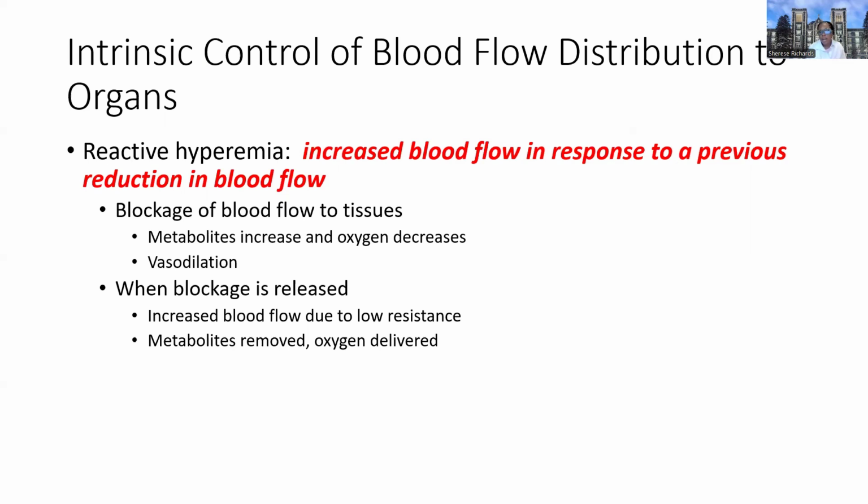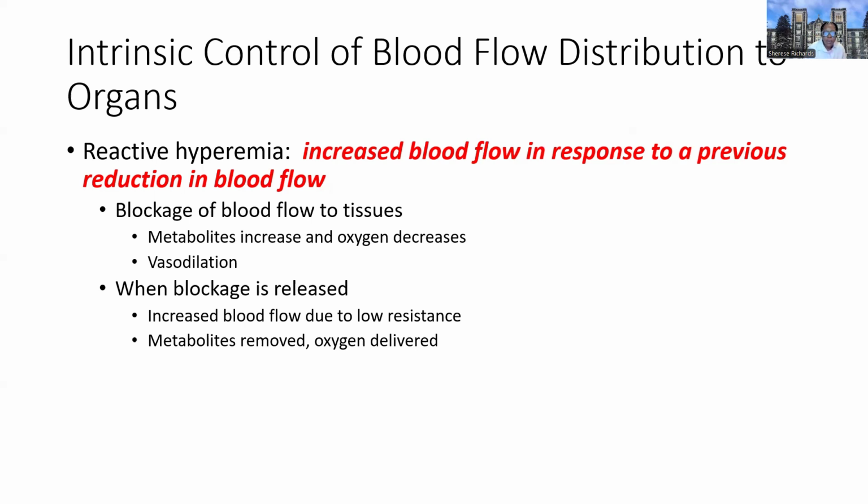You're going to want to correct that. Although the tissue is not demanding more, because there was a previous blockage, maybe an injury, maybe a state of compression of a vessel or a state of restriction of blood flow for some reason or the other, that blockage interrupted flow such that now you have a lack of homeostasis or lack of steady state between the metabolites and oxygen at the tissue bed. So that is still going to be a trigger for vasodilation.